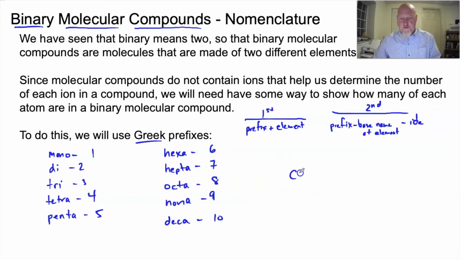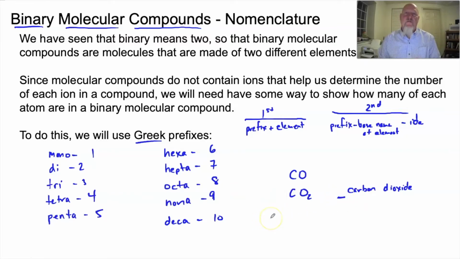Okay, so I'm going to do two examples because they give us both of our situations where there are slight exceptions. Okay, so CO and CO2. Right, we know CO2 is carbon dioxide. You can see that there's no prefix in front of the carbon.